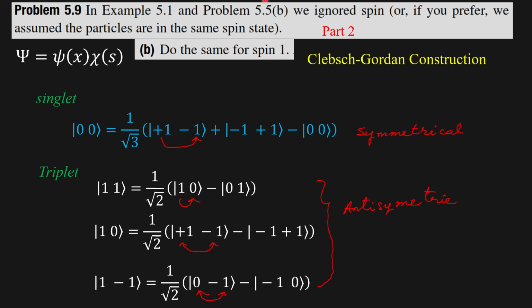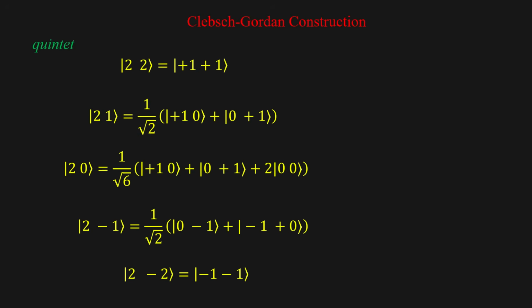Now we will move on to the next one. Just now we have seen the singlet state and the triplet state. The singlet state is, in our case, symmetrical. The triplet case is anti-symmetric. Now we will see the quintet state. Previously, when S is equal to 1, we saw the triplet state, with M_S equal to 1, 0, minus 1.